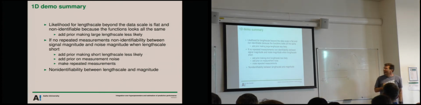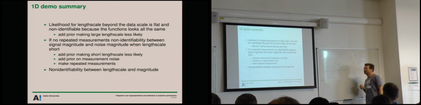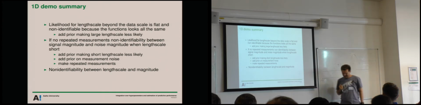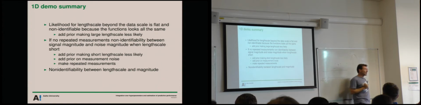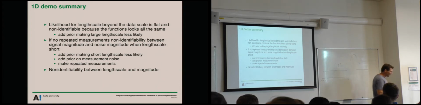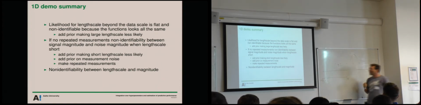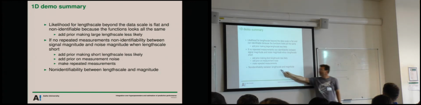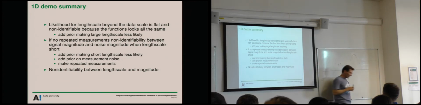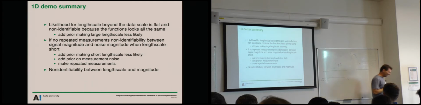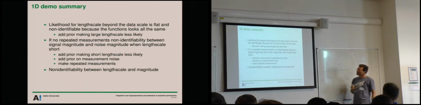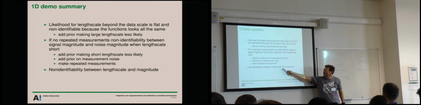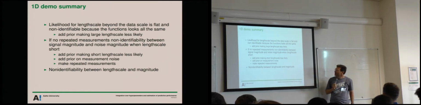In machine learning, there hasn't been much interest in looking at the posterior distribution of the length scale. In spatial epidemiology or time series, sometimes people might be interested in looking at the length scale, but then it's really difficult to actually interpret that because there's a strong posterior correlation with magnitude.